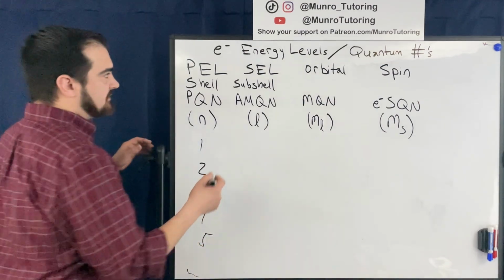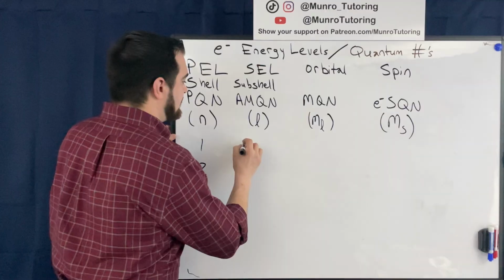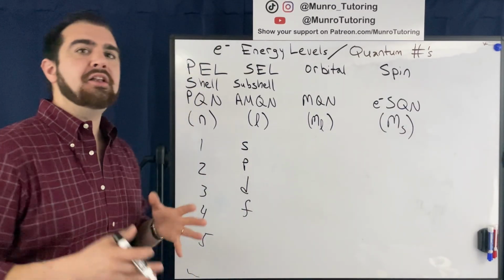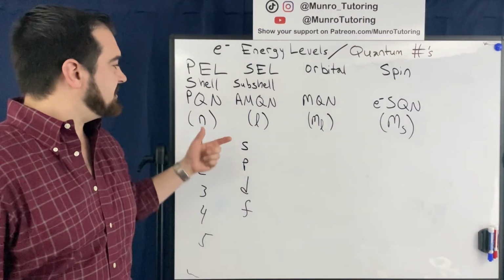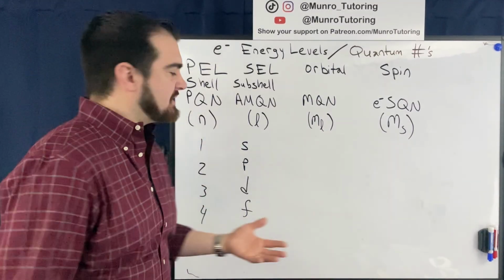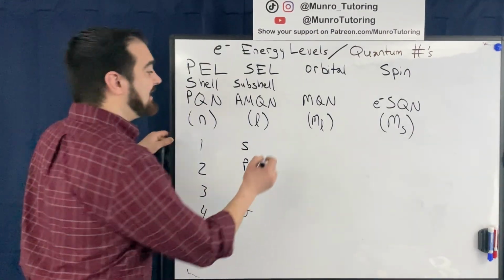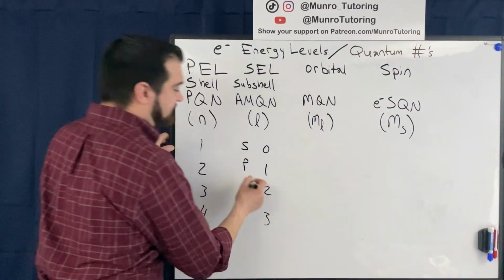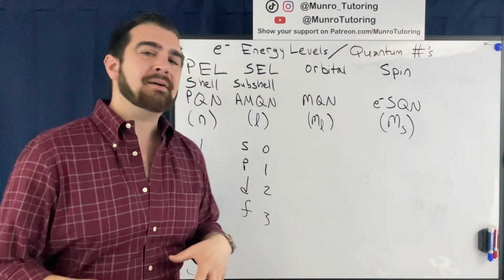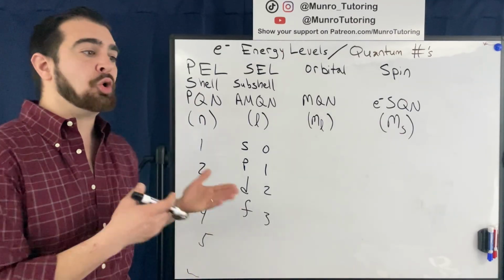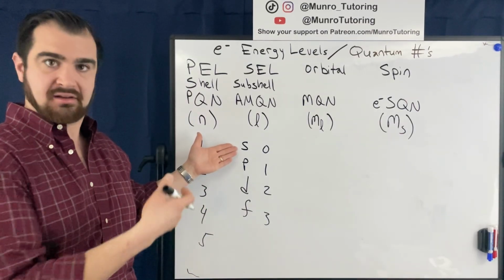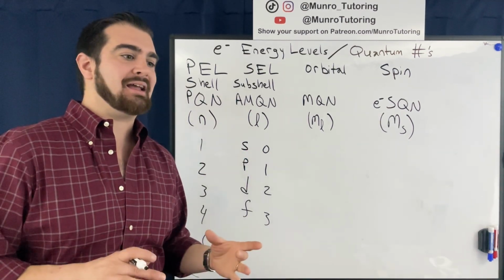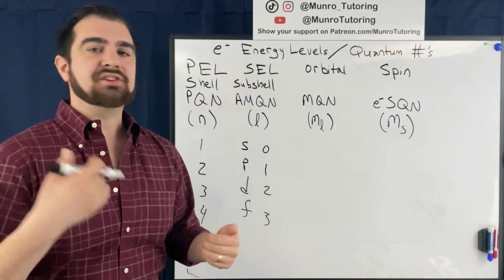If we take the subshells that I already taught you, S, P, D, and F, we start at S and give that a 0, and then we just count up. So S is l equals 0, P is l equals 1, and 2 and 3 for D and F, okay? Don't worry about the value of the number too much. It's just correlating a subshell to a number, so that at the end of this, we're going to be able to give an address of an electron with just a series of numbers.